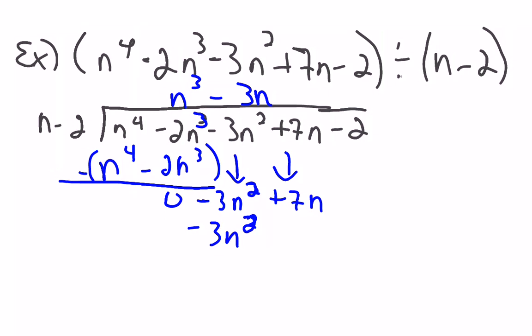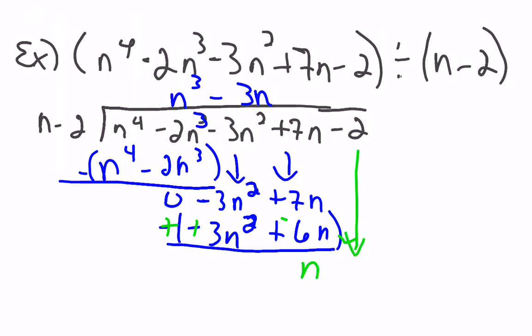And negative 3n times a negative 2 becomes a positive 6n. And we want to subtract. And again, if you want to change those to plus, but change the signs on the inside, that's fine. Negative 3n squared plus 3n squared is 0. 7n minus 6n is 1n.